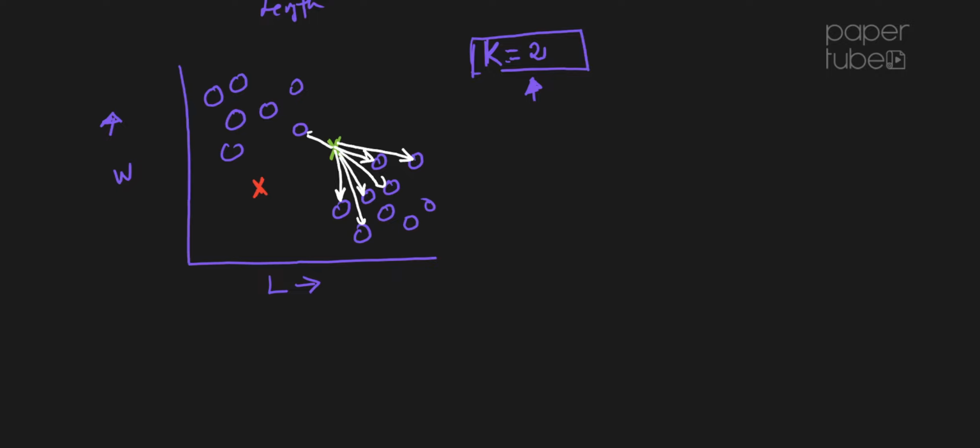And then again it will calculate the distance between this data point and all the data points that you see on this graph, and likewise it will also calculate the distance between the red point and all the data points in the graph. So it's a lot of calculations, but the calculation is very simple. All it's doing is taking the data point and calculating the distance between these data points, and then it will apply the rule.